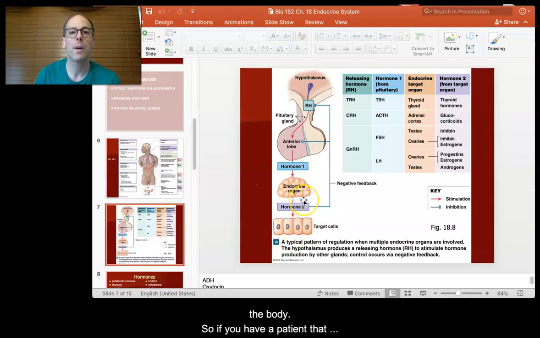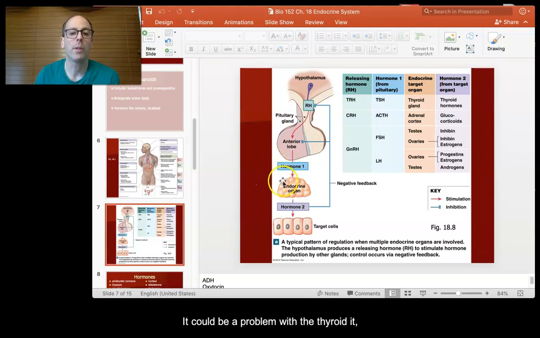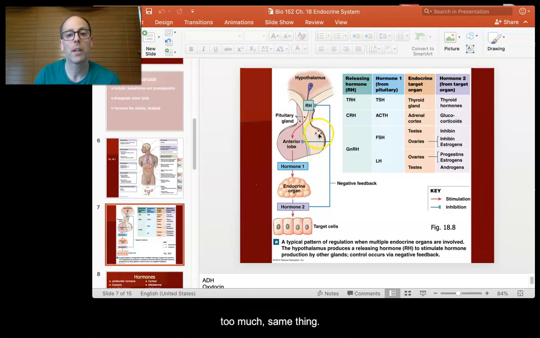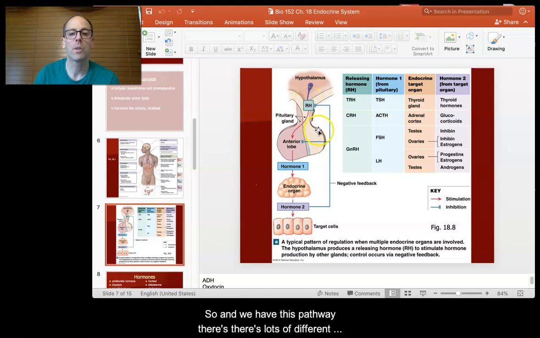So if you have a patient with hypothyroidism, they don't produce enough; it could be a problem with the thyroid, the pituitary, or the hypothalamus. If you have a patient with hyperthyroidism, they produce too much, and it's the same thing. So it's not always easy to diagnose some of these issues with the endocrine system. We have this pathway, and there are lots of different releasing hormones. I'm not going to hold you to memorizing these releasing hormones. We're going to talk more about the individual hormones next.